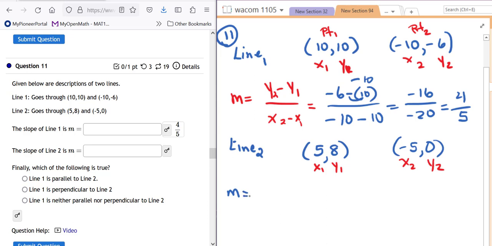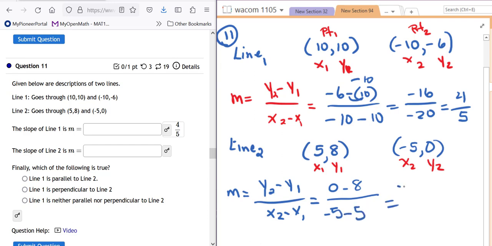Write your formula. M is change in Y's, Y2 minus Y1 over X2 minus X1. And plug in. So 0 minus 8 over negative 5 minus 5. So we have a negative 8 over a negative 10.